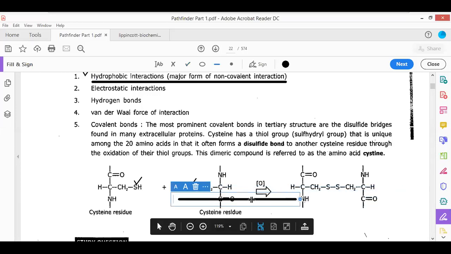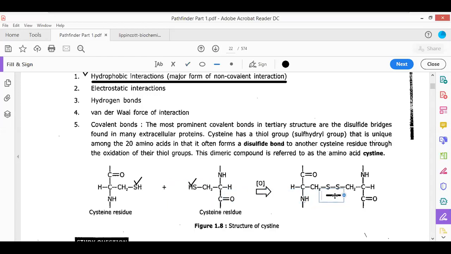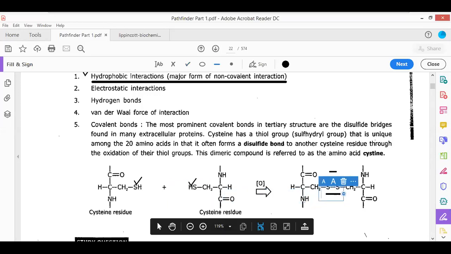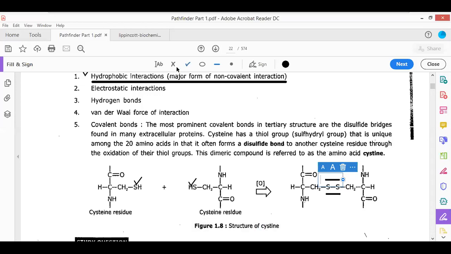So this is the disulfide bond which is being produced, and it is this disulfide bond that will stabilize the structure of the protein. The three-dimensional structure of the protein is stabilized by disulfide linkages.